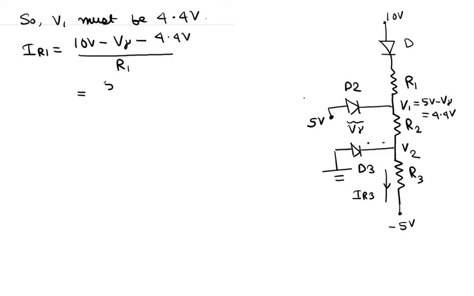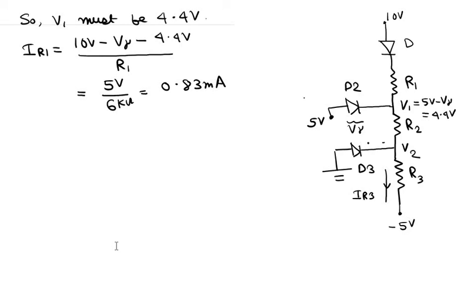So this becomes 5 volts divided by 6 kilo ohms, and this basically gives me a current of 0.83 milliamps. Okay, now we know the correct current through R1.